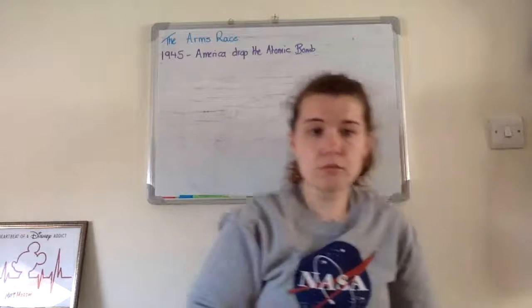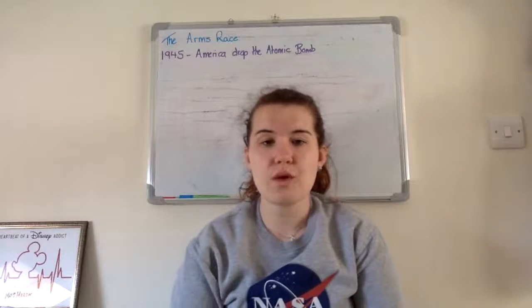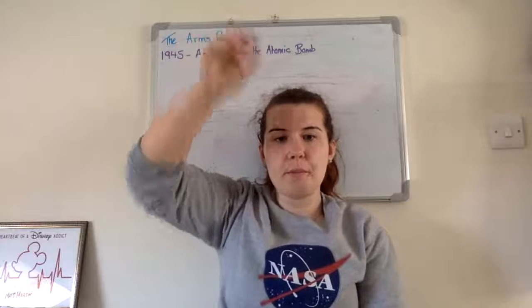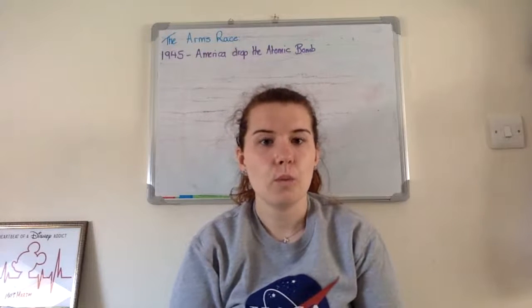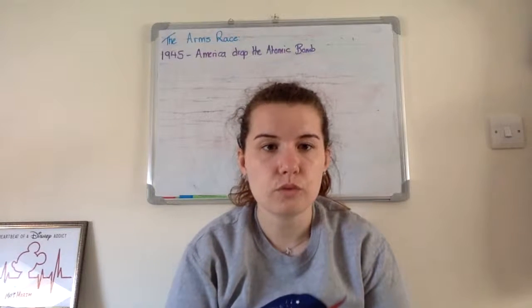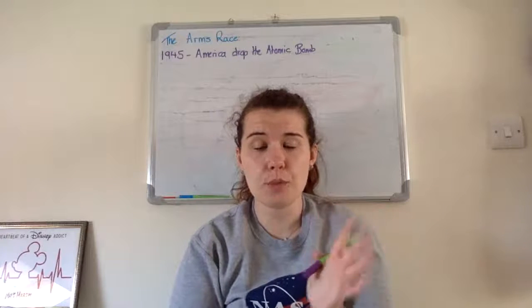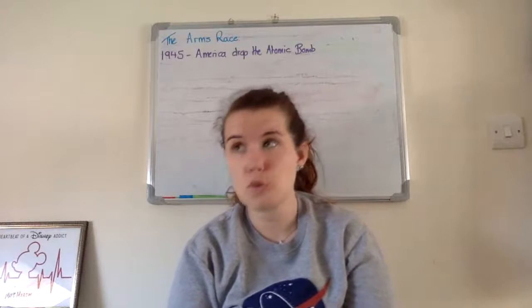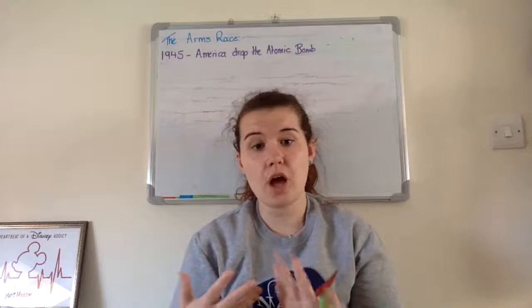Now, we know at the Potsdam Conference, Truman has sort of just gone, oh yeah, I've got the atomic bomb, bye. Drop the mic, left. And Stalin's like, what? You've what? And he can't cope with the fact that America have got this new weapon, the fact that it is so dangerous and so unheard of.